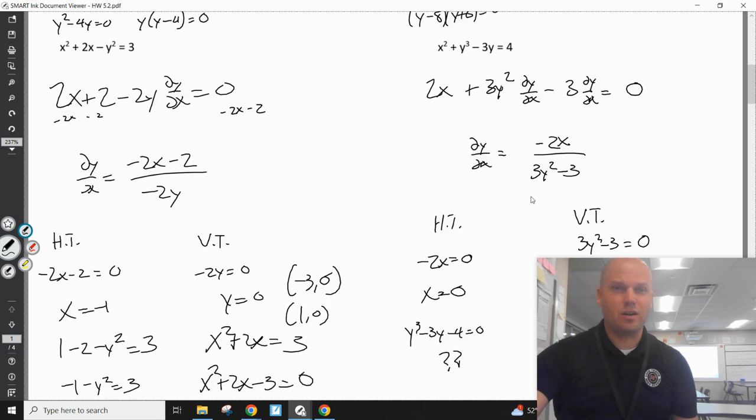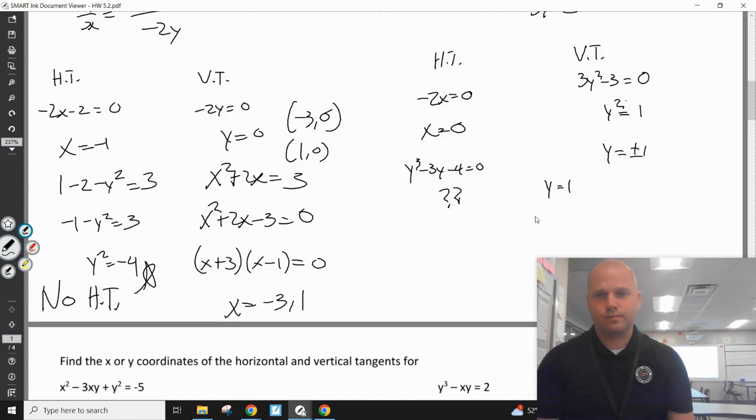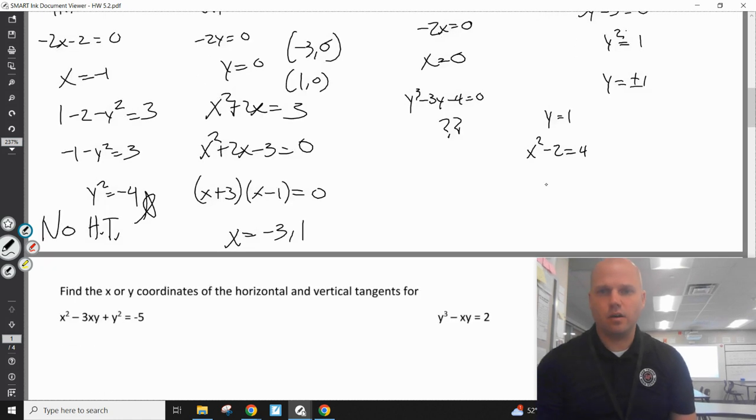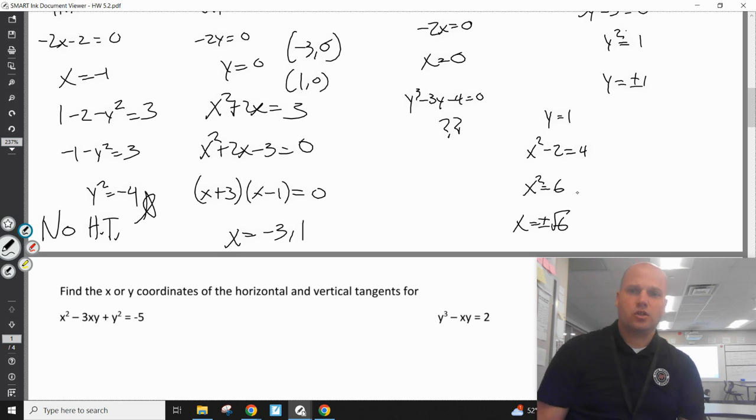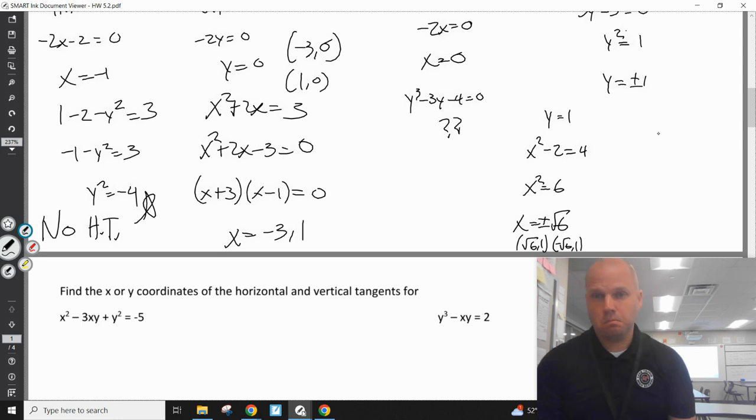You get x squared minus 2 equals 4. You get x squared equals 6. We get x equals plus or minus root 6. So I got root 6, 1 and negative root 6, 1. Okay, what if y is negative 1?